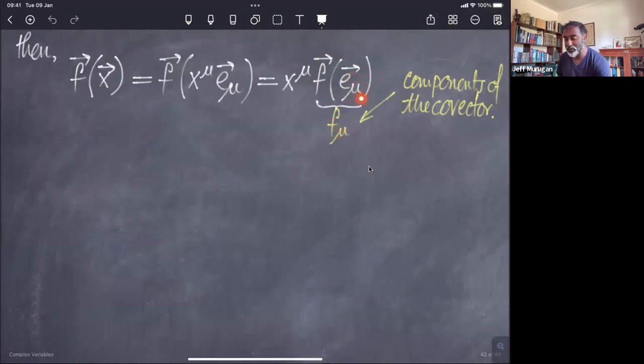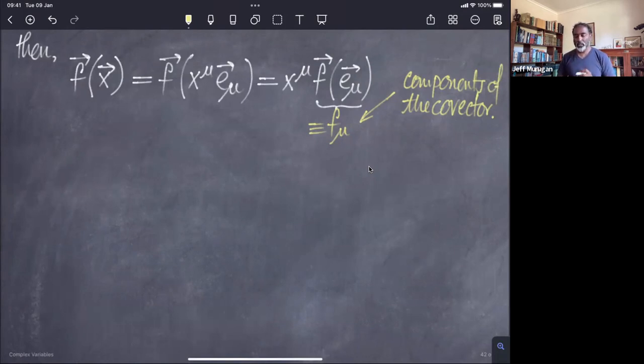If the index occurs downstairs there, it ought to occur downstairs here. This, by the way, is a definition of what f mu is. So the components of the covector is what you get if you take the linear map and act on the basis vectors one at a time. So f1 would be f acting on e1, f2 would be f acting on e2, etc.